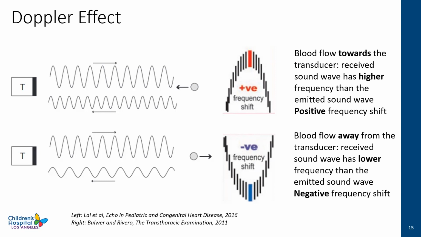On the other hand, if you have an object going away from the sound source, then the reflected waves are going to have a lower frequency than the sound waves emitted from the sound source, which is that bottom one, and that will lead to a negative frequency shift. And the example, this is like a whistling train that's passing a standing observer, where you notice that the pitch is going to be higher when the train approaches than when it's moving away from you.